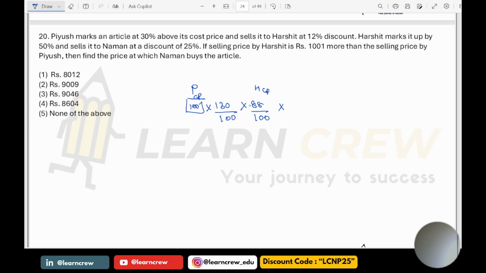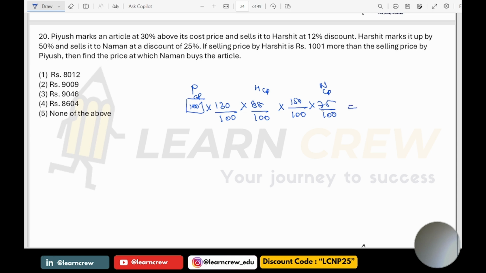Harshit marks it up by 50% and sells it to Naman at 25% discount. If the selling price of Harshit is 1001 rupees more than the selling price of Piyush.